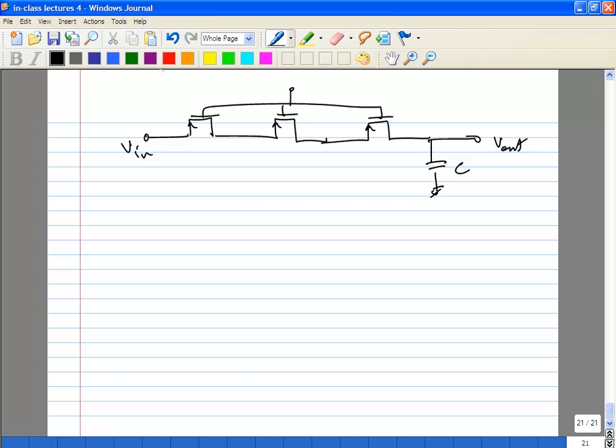You could use something like this, where the width is 0.5 but the length is 10 microns. So you're effectively creating a very large resistor using transistors. This will be much more area efficient.